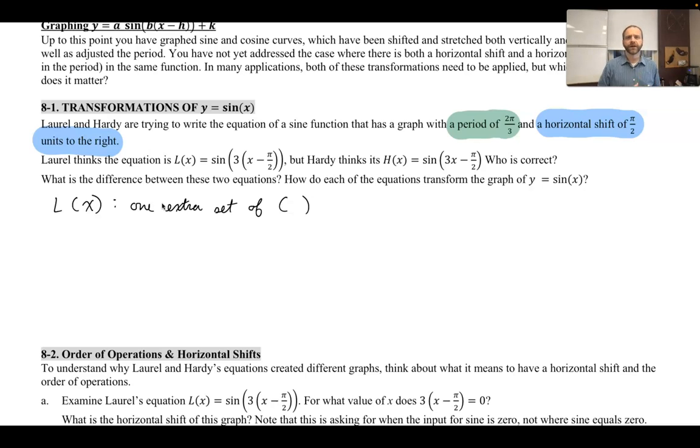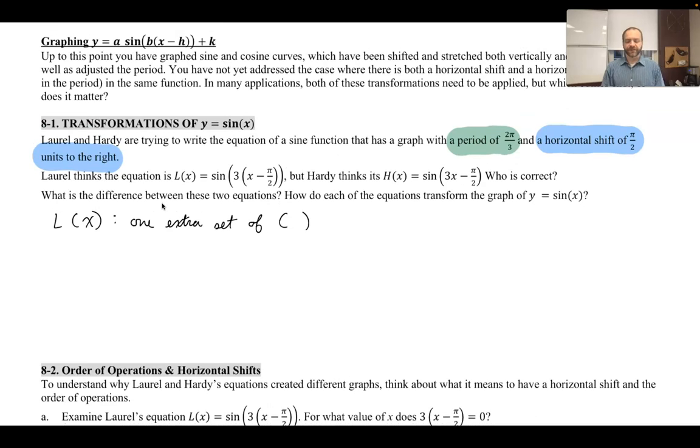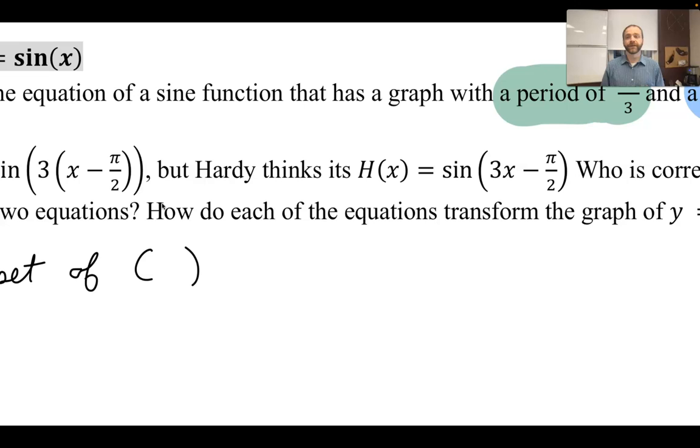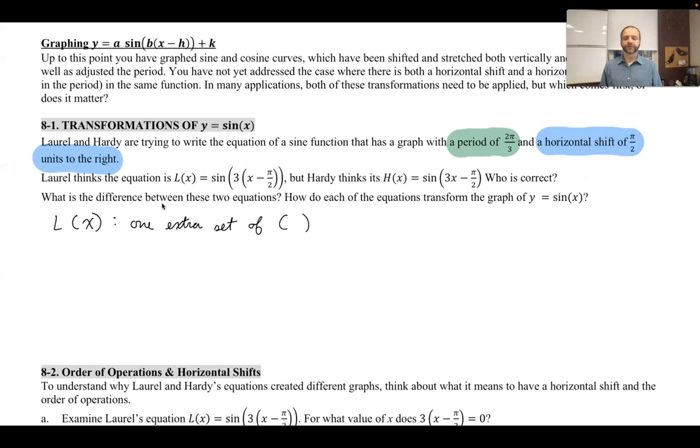Well, that means that Hardy's does not have an extra set. But here's what also is different: if I were to think about what that extra set of parentheses does, that 3 would be distributed to, or if I were going to distribute it, would be distributed to that pi over 2. But in Hardy's equation, the 3 is only being multiplied to the x. So there's another difference. And so we want to figure out who is right and who is wrong.